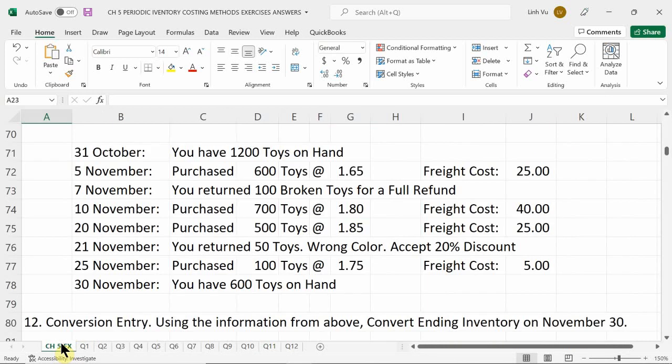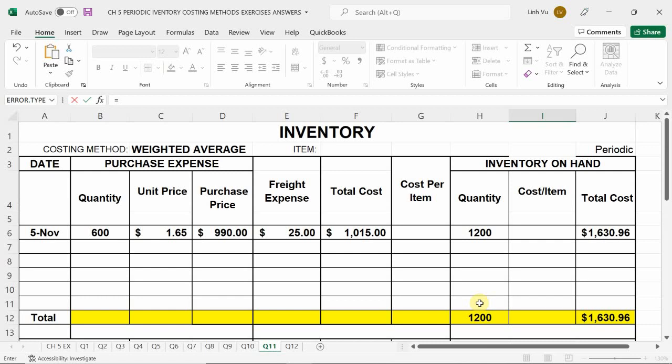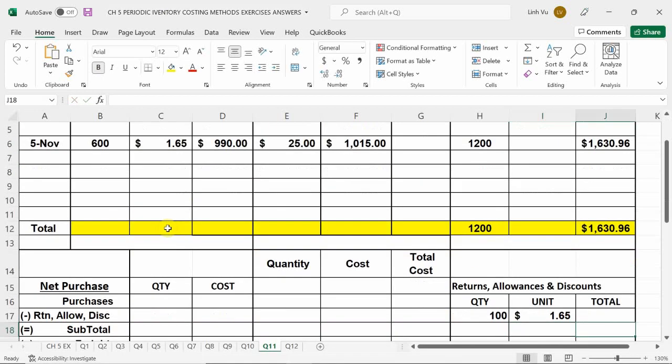All right, so then let's see what happened next. November 7, you end up returning 100 broken toys for a full refund. How much did each item cost me for this batch? $1.65. So in this case, what's my total amount of refund I'm going to be getting? $165. Okay. So let's see what's next.